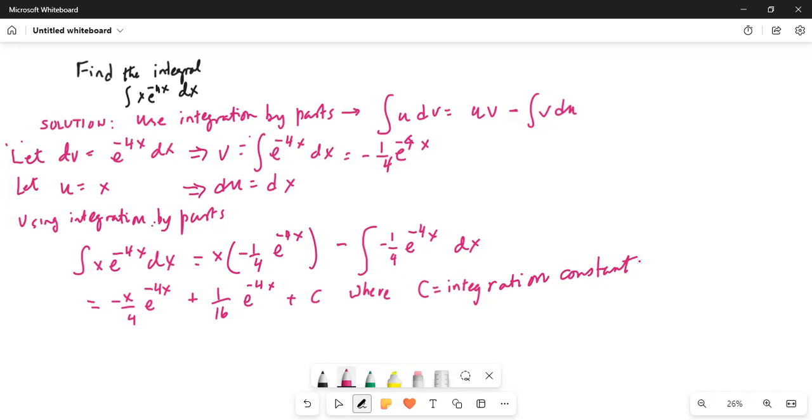Because the coefficient of x in the exponent is minus 4, when we integrate it, that minus 4 will come in the denominator, and that will become minus 1/16. But that minus 1/16, when multiplied by the minus sign outside the integration, becomes positive 1/16 e to the power of minus 4x plus c. Do not forget c, where c is the integration constant.